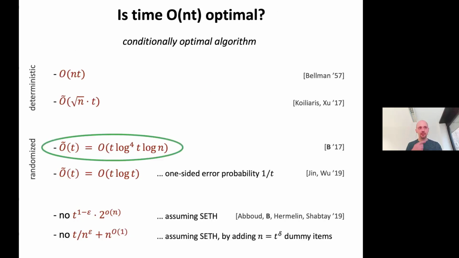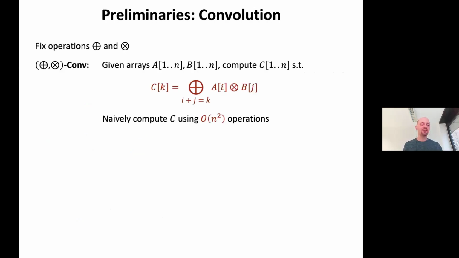Let me tell you a little bit about this algorithm, because it introduced a kind of framework that has been used lots of times afterwards. And this is based on convolutions. What's a convolution? Here we're given two arrays of length n, a and b. We want to compute a third array c, such that the kth entry of c is the following.